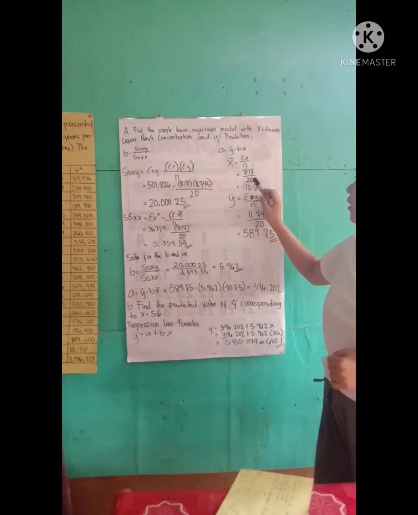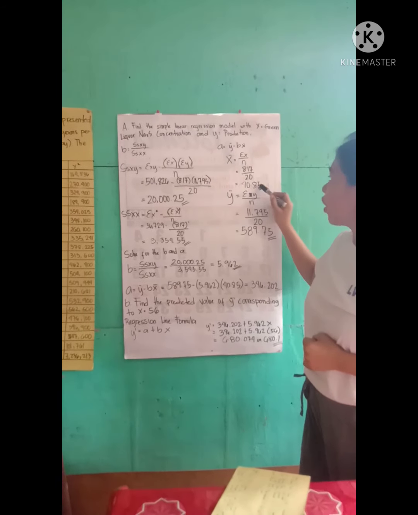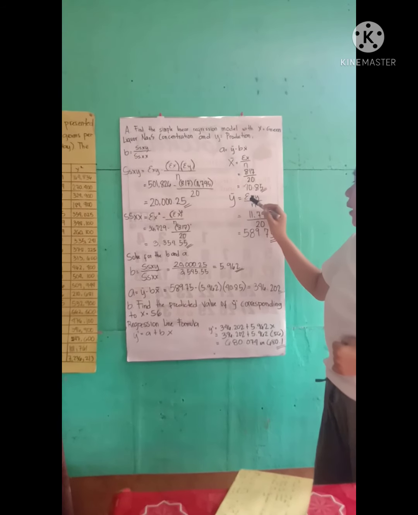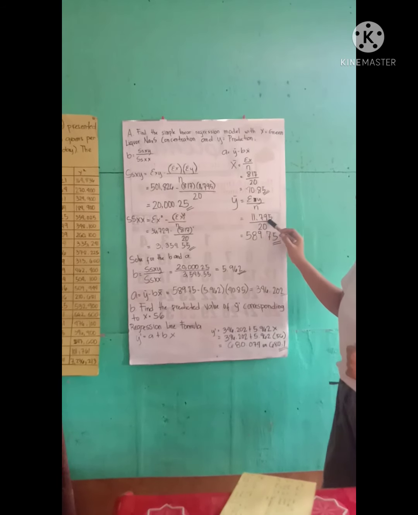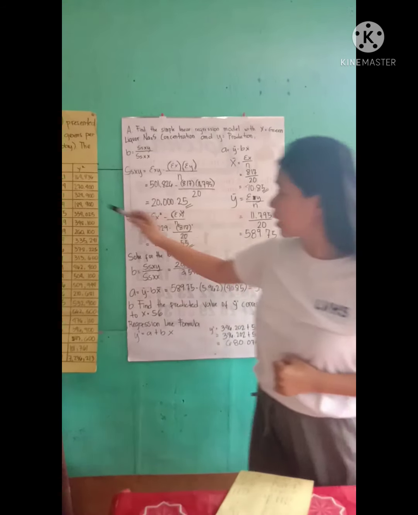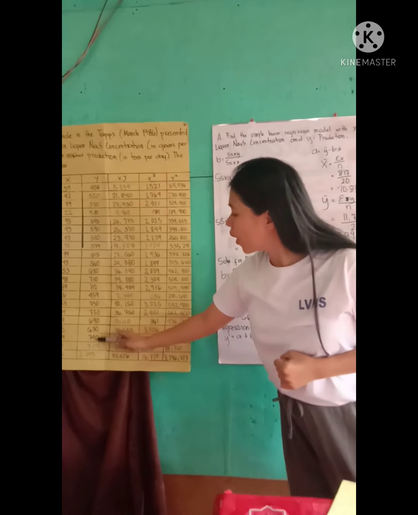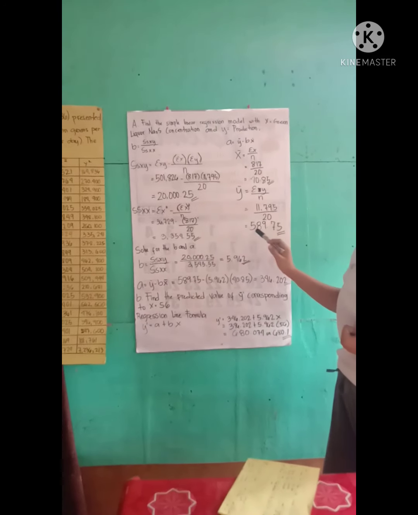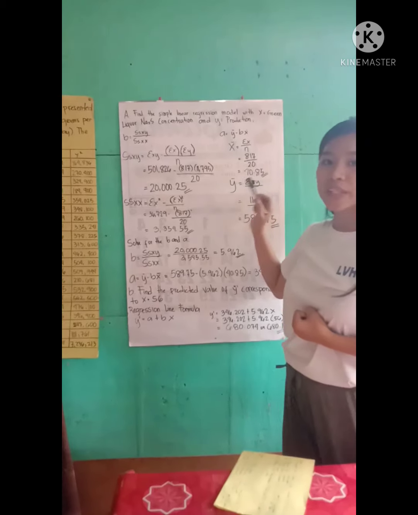So 817 divided by 20 is equal to 40.85, and that is the value of the mean of x. And for the mean of y, we need the formula summation of y divided by n. The total sum of the y column is 11,795, divided by 20 is equal to 589,000.75, and that is the value of the mean of y.